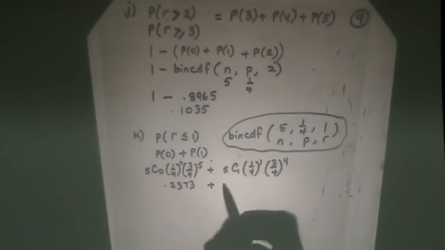So this answer was 0.75 raised to the 5th, which was 0.2373, plus 5 choose 1 is 5, times 0.25 times 0.75 raised to the 4th power, I get 0.3955.